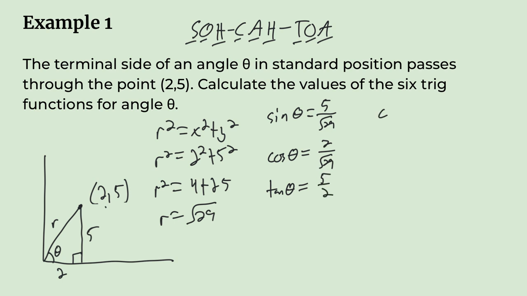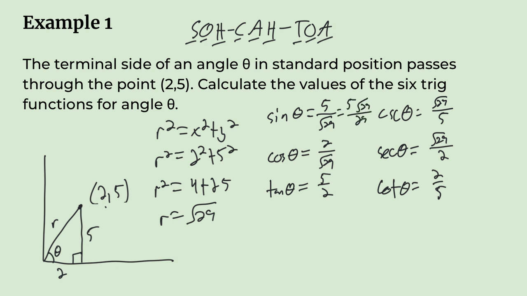Cosecant is equal to square root 29 over 5. Secant is equal to square root 29 over 2. And cotangent is equal to 2 over 5. Last thing here, we're to rationalize our denominators. So it's going to be 5 square root 29 over 29, 2 square root 29 over 29.